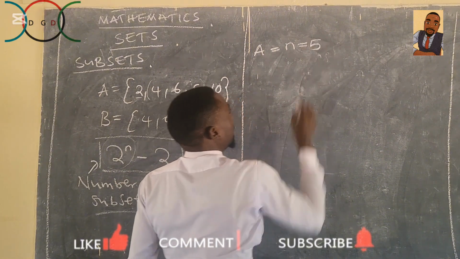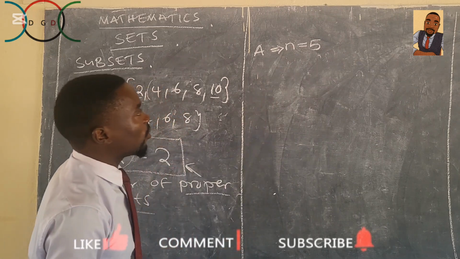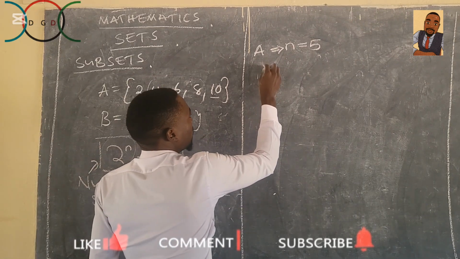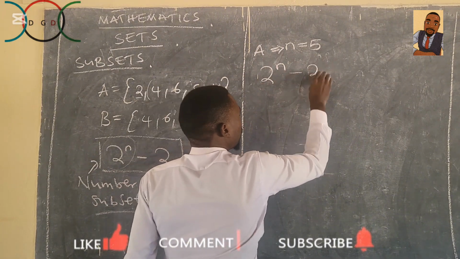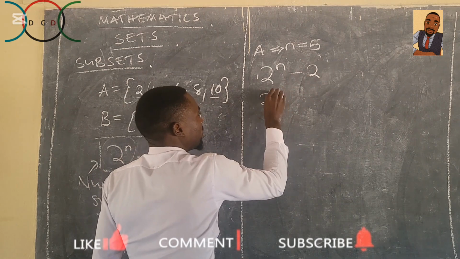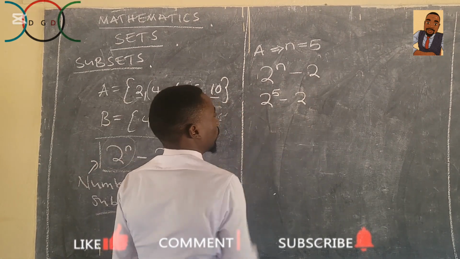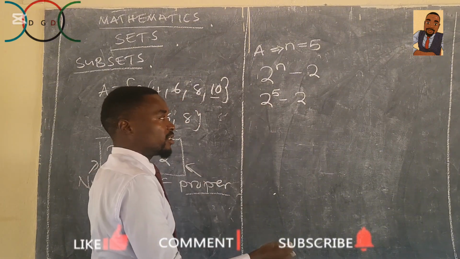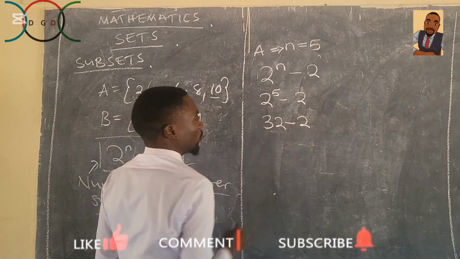In our set A, we know that set A has got 5 elements. So to find the number of proper subsets, we are going to say 2 to the power n minus 2. So this is 2 to the power of 5, because set A has got 5 elements, minus 2. 2 to the power of 5, we are multiplying 2 by itself 5 times, we get 32, minus 2.